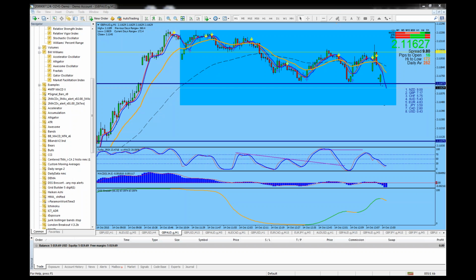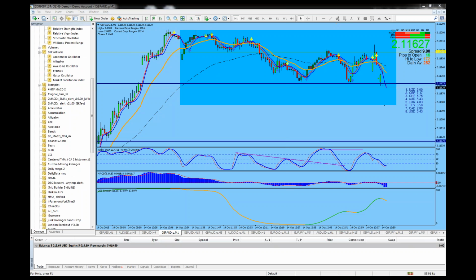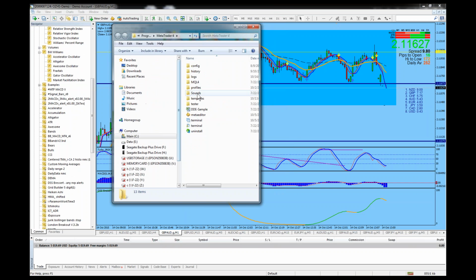Oh, I did Hull and I got all of those. Okay, here's HMA, and HMA shifted. I'll just put all three of them in there. Open data folder. All right, this is good. Since this broker's a bit buggy, we can actually look at some other stuff here today.